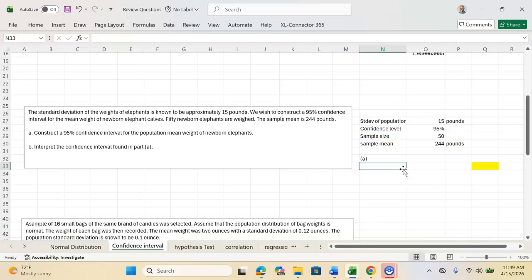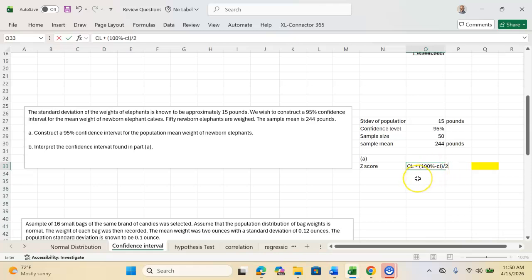In this case, the very first thing we need to do is find the z-value of the confidence interval. The formula for the z-score is the confidence level plus 100% minus the confidence level, divided by 2. This is the probability at the middle plus the left tail area.